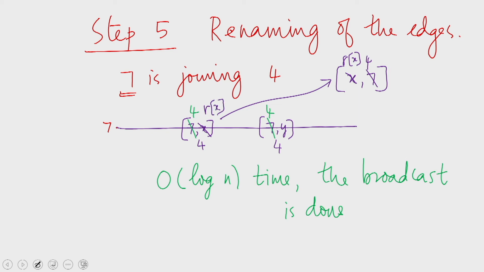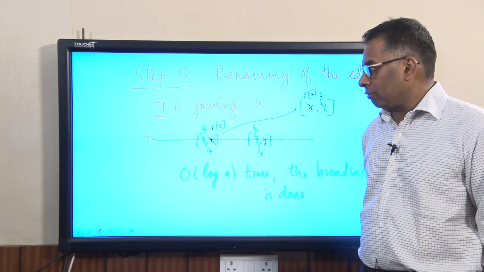So, both the twins are getting renamed simultaneously, but still there is no concurrent write, because the processor that has already updated x to r of x is now coming over here when the processor here is going over there. Therefore, when 7 is getting rewritten by 4 in the twin of 7x, the x is getting rewritten by r of x by the processor that is at location x7. So, without concurrent write, we can in this way rename all of the adjacency lists of the graph.